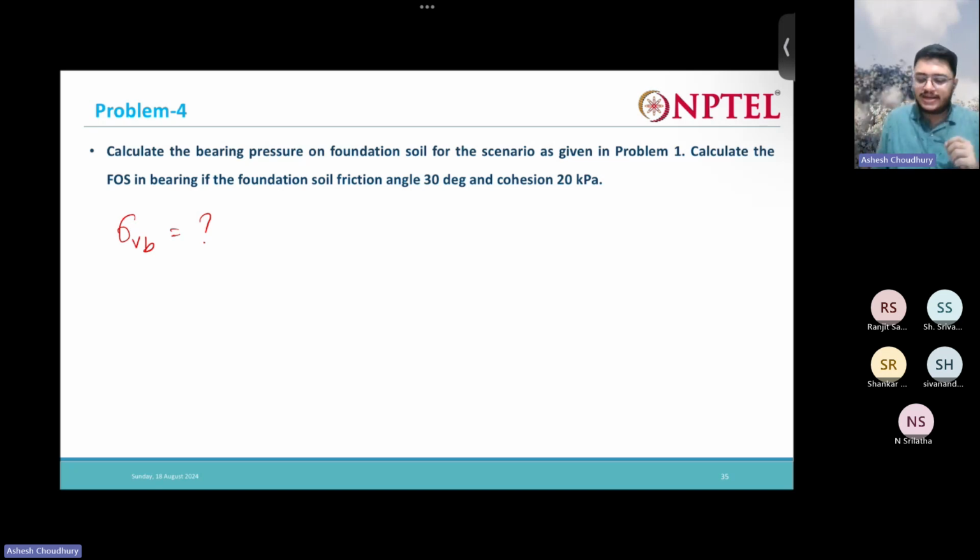Today, in the first slide of today's class, we discussed this, right? Sigma VB. What is sigma VB? RV by B minus 2E. So do that and find this one. Calculate the bearing pressure on foundation soil for the scenario given in problem 1.